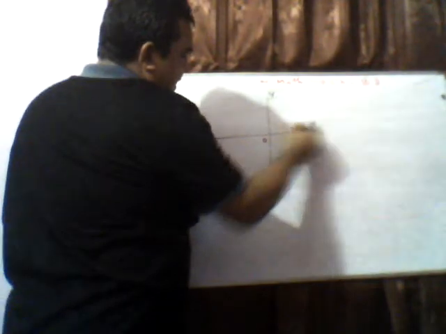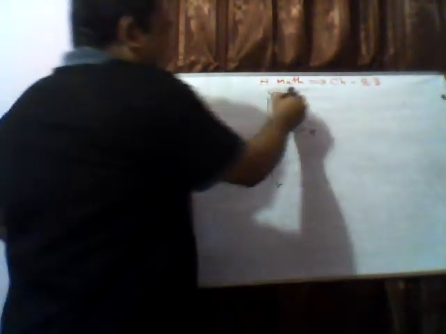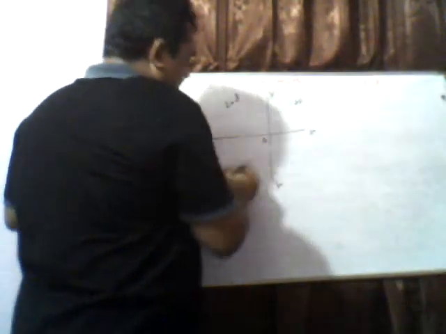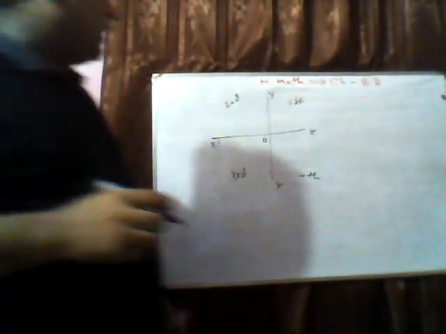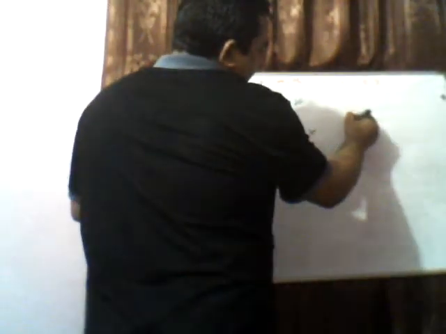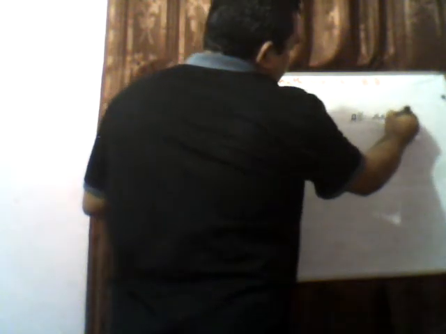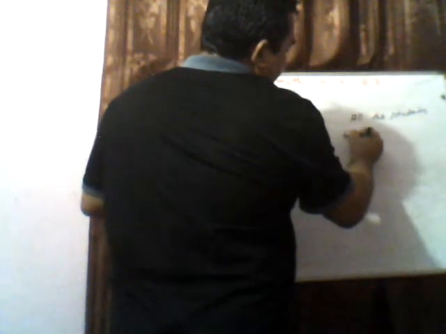Y prime, X prime, X and Y axes. This is the first quadrant, second quadrant, third quadrant, fourth quadrant. If you can remember one line, you learn the technique easily. We follow this line: All the students take chemistry.